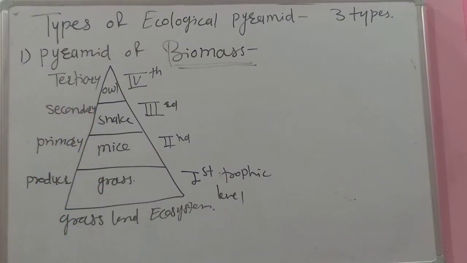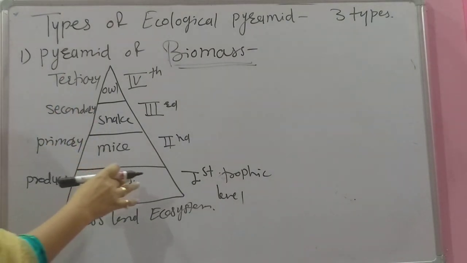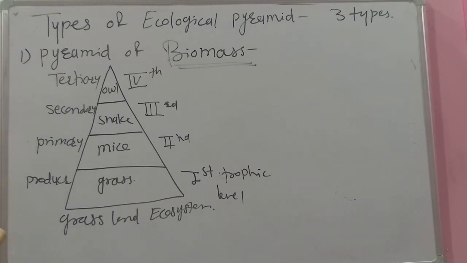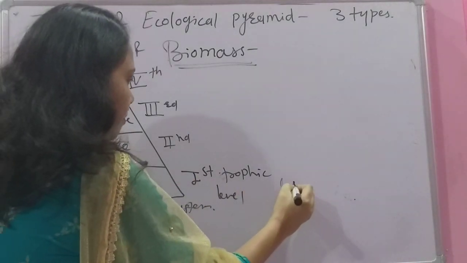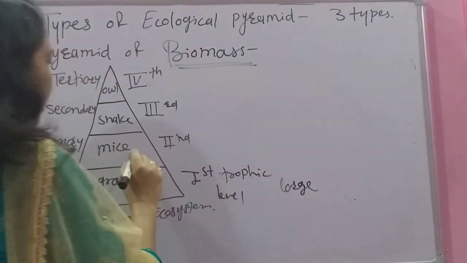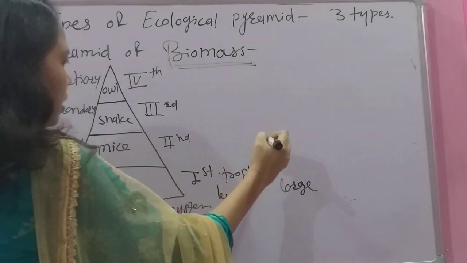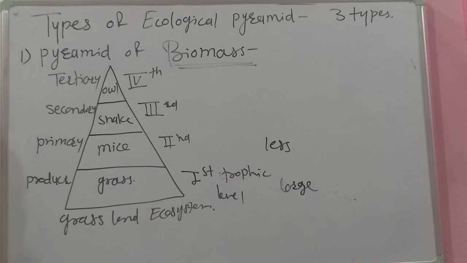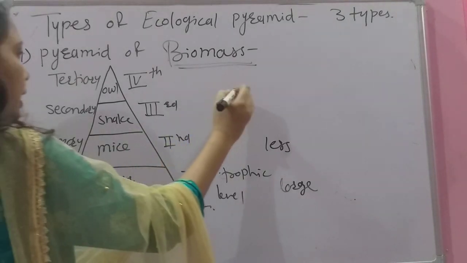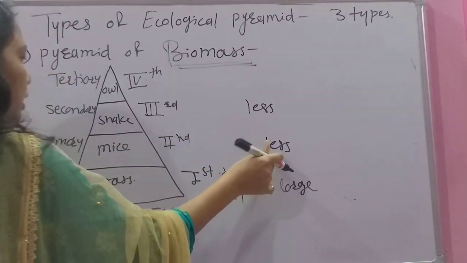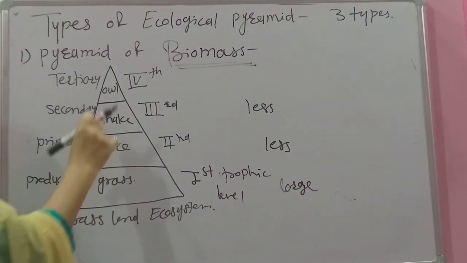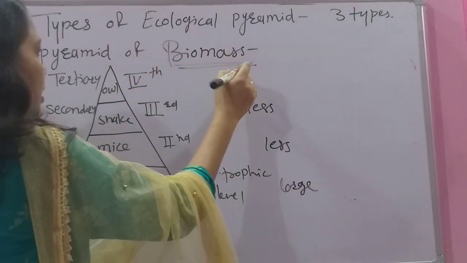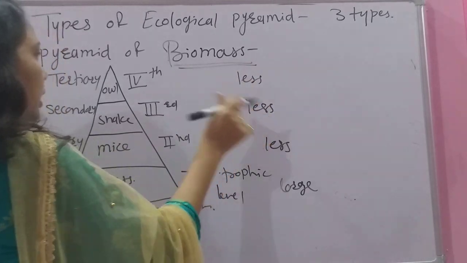In this pyramid, the biomass at the first trophic level is larger than the second trophic level, then again less at the third trophic level, and the last is less than the third.